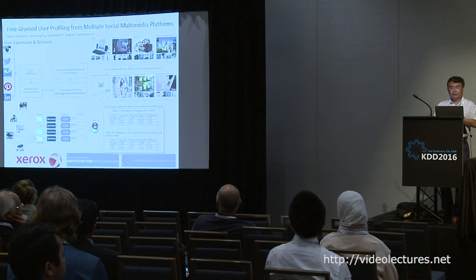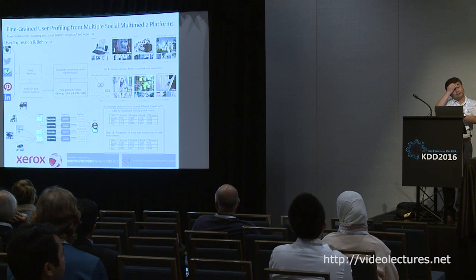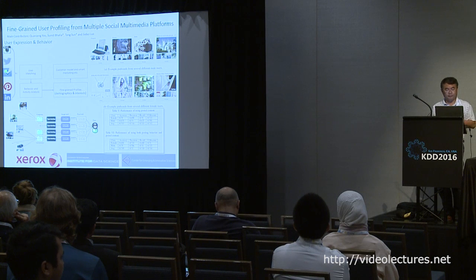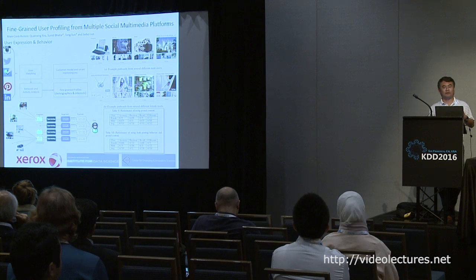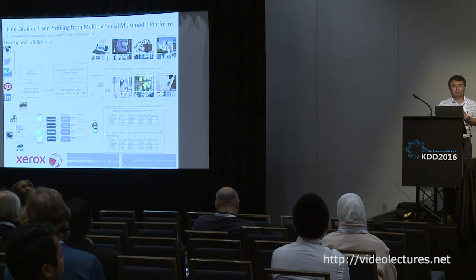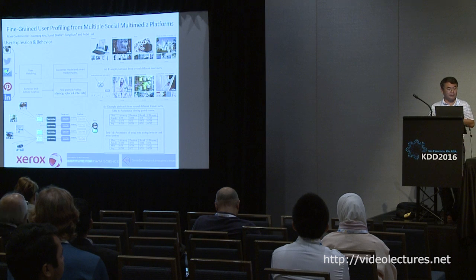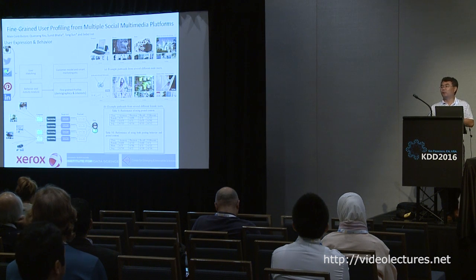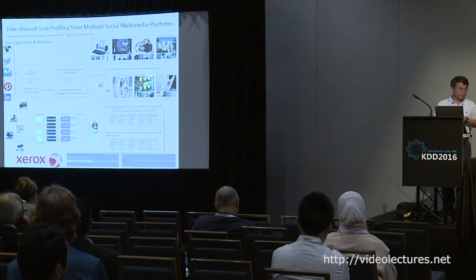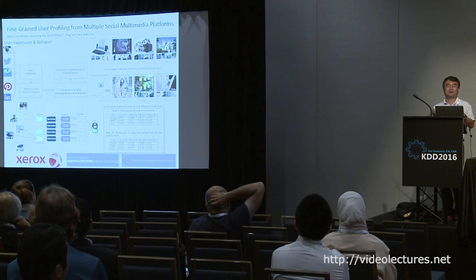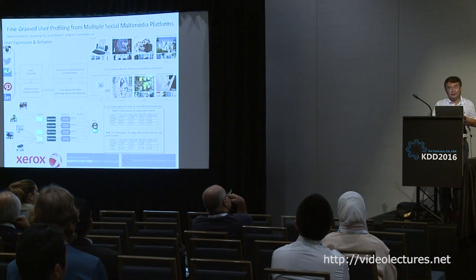So I'm going to go through a few projects we did in terms of finding fine-grained social user interest profiles from social media content. In this case, we relied on Pinterest, because Pinterest is about images.